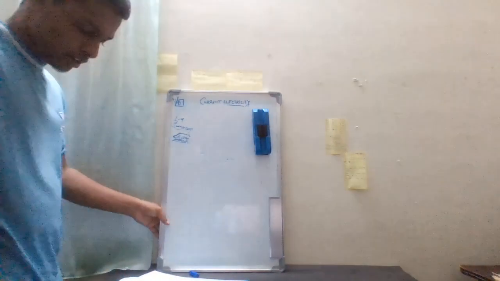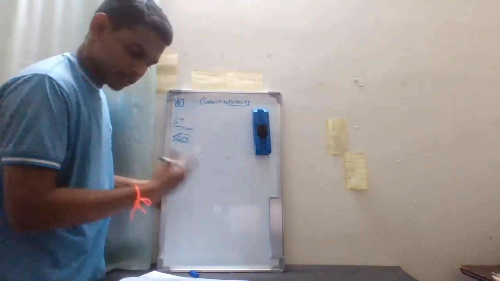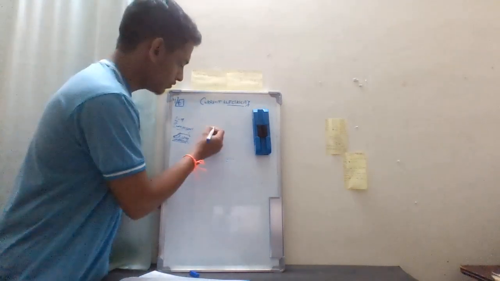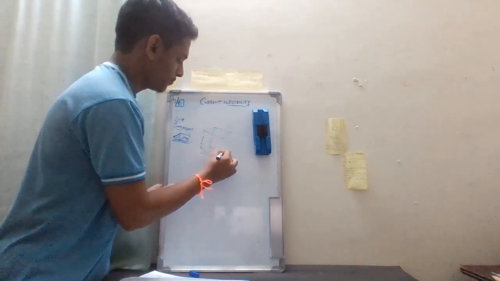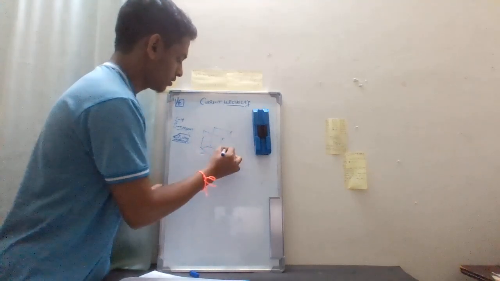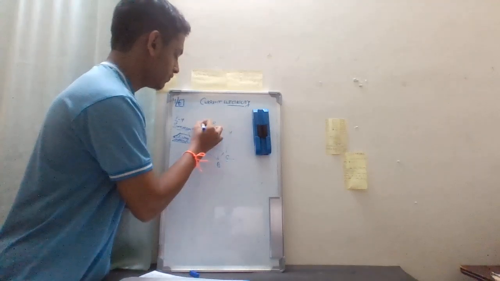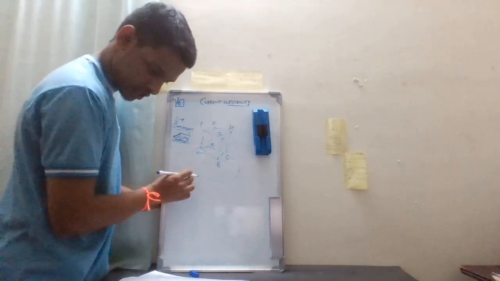Now, last example here, the same one. I shouldn't have rubbed it off. A, B, C, D, E, F, G, and H. A and C are connected.